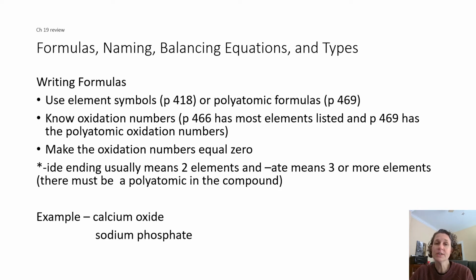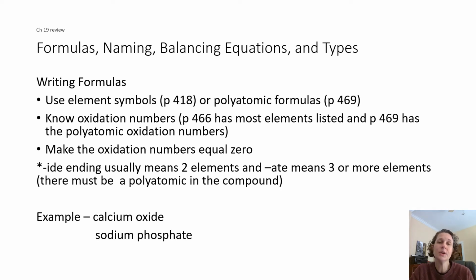You also need to know oxidation numbers for the elements in those polyatomics. The elements, we marked their oxidation numbers on the periodic table. So if you have yours, that would be the best thing. But again, there is a chart in your book that has the most common oxidation numbers. So use that if needed.